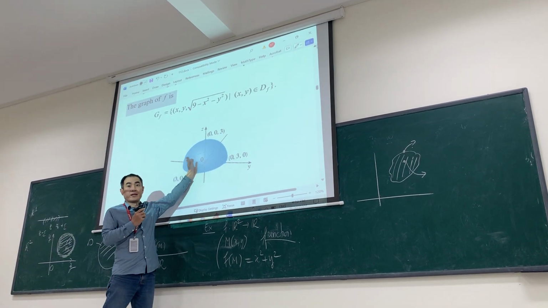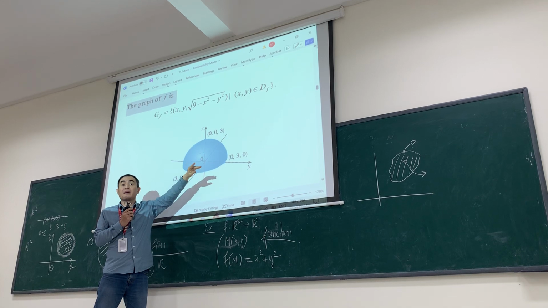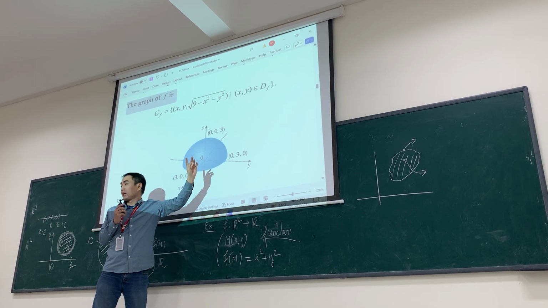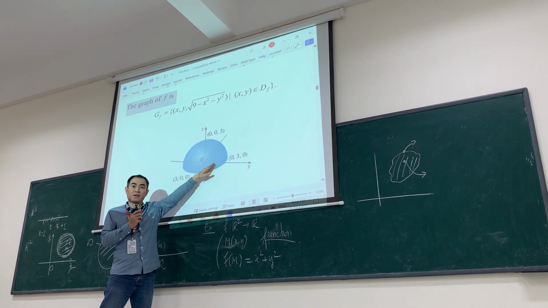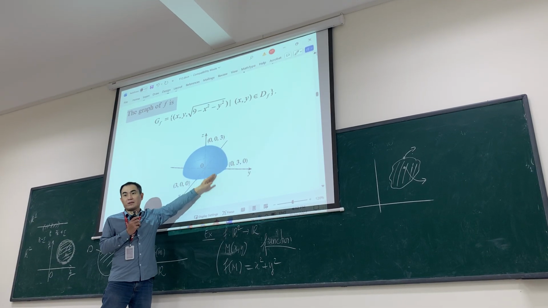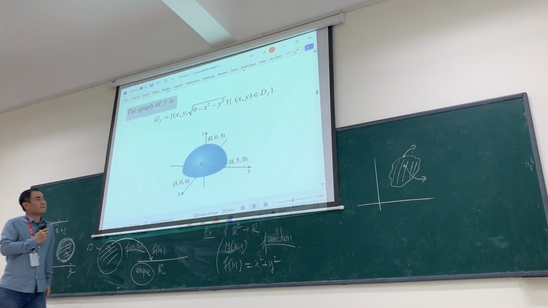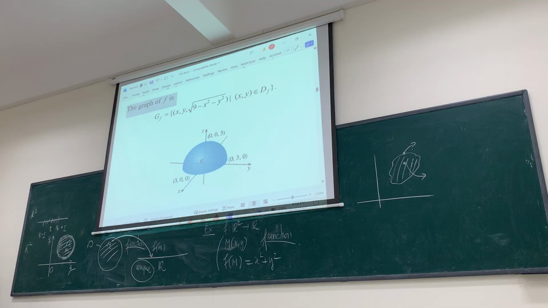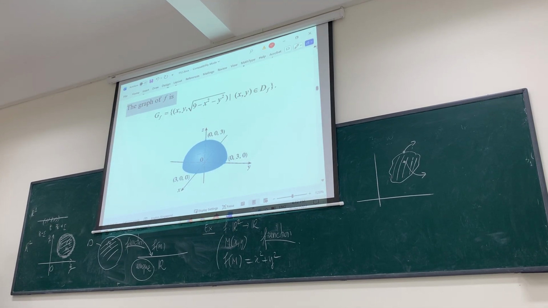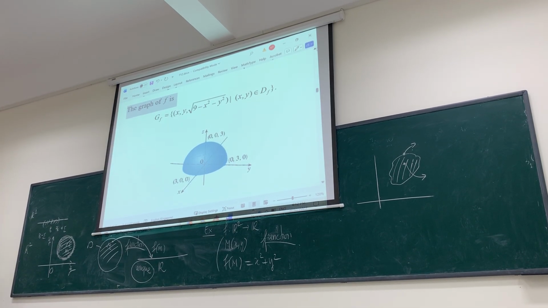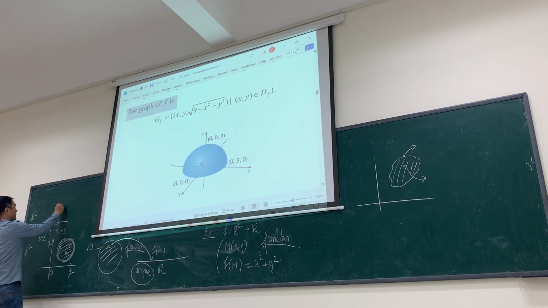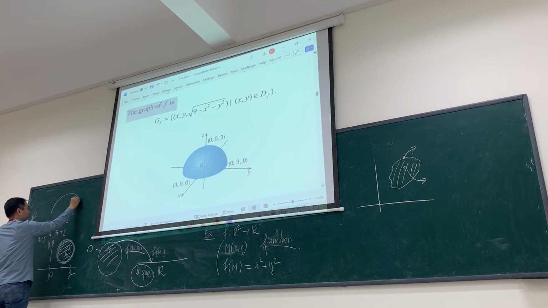Semi-sphere, nửa hình cầu. Semi là nửa nhé. Sphere là hình cầu. Okay? Semi-sphere. I think you can draw the semi-sphere.